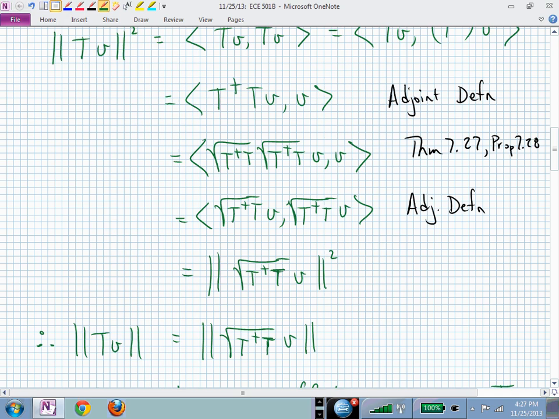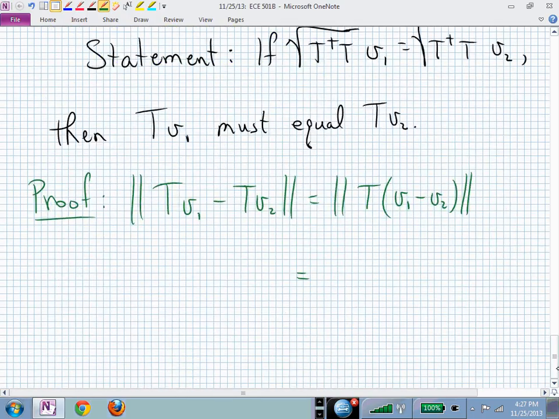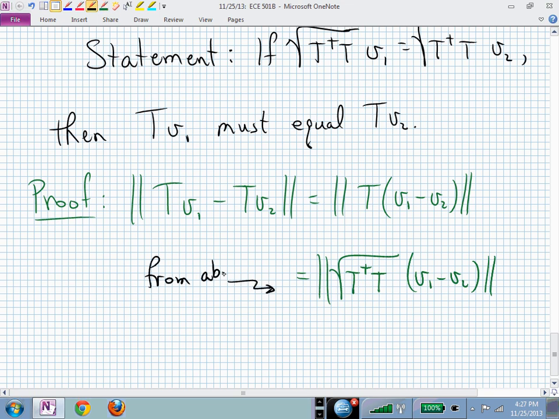In this most recent proof that we're working on, we have TV. Now we're going to use this result that we just validated for T and the square root of T dagger T. So that now if we have the norm of T, quantity V1 minus V2, we know that that's the same as the norm of the positive square root of T dagger T, V1 minus V2. That we did above.